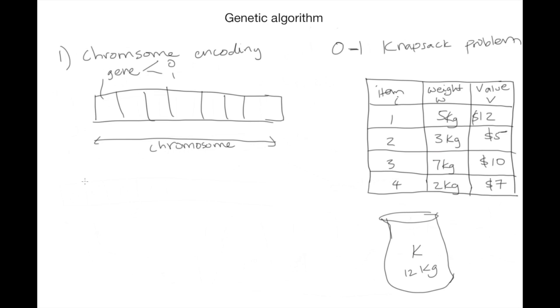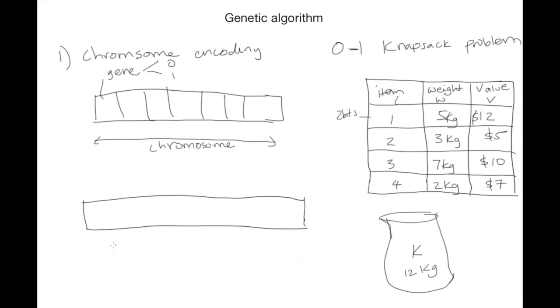I'll start off with the most ridiculous of encoding techniques, so please just humor me. We have 4 items, and therefore each item can be represented by 2 bits, right? So here is our chromosome, and we can take at most 4 items.